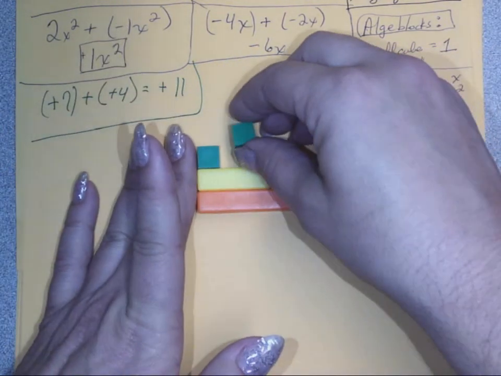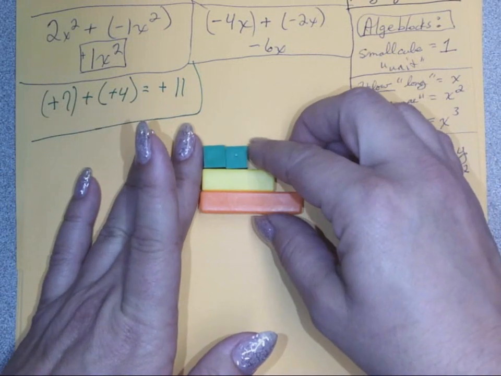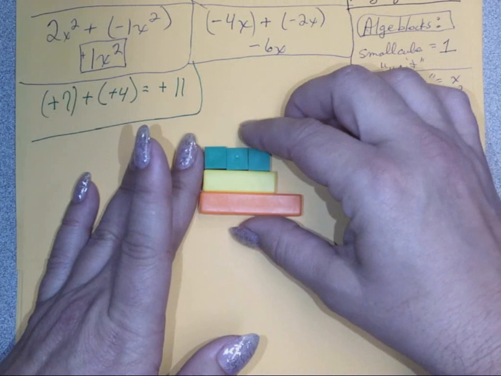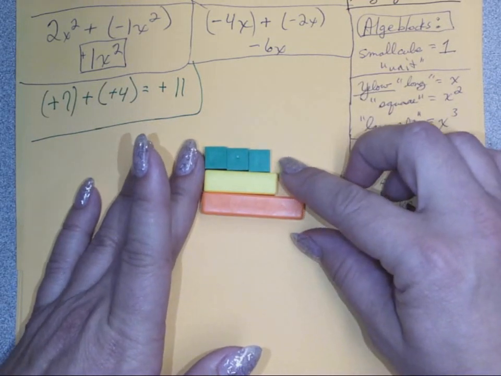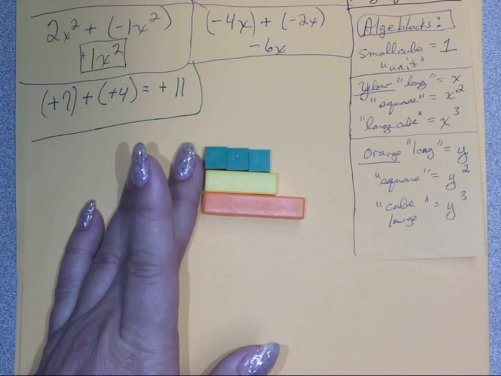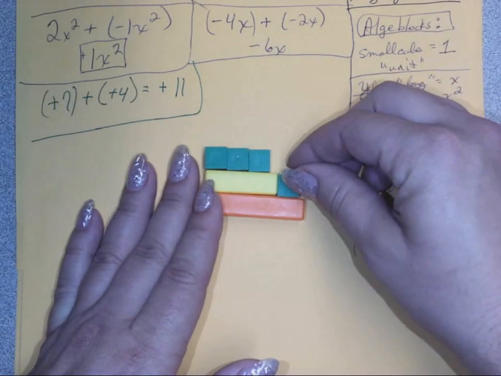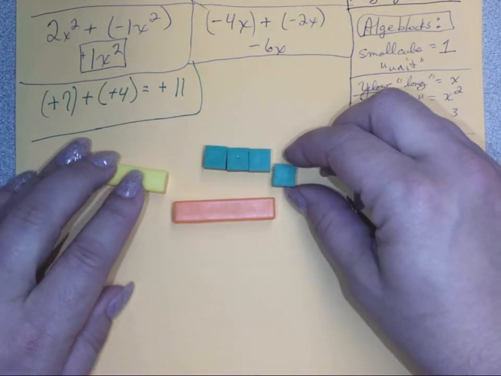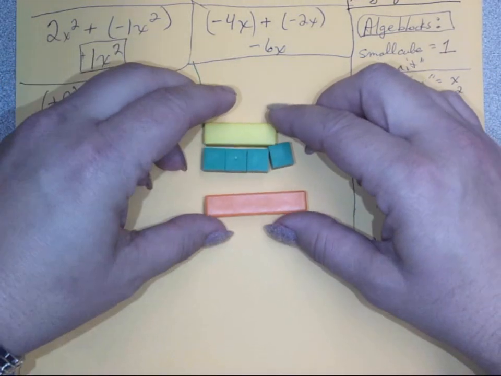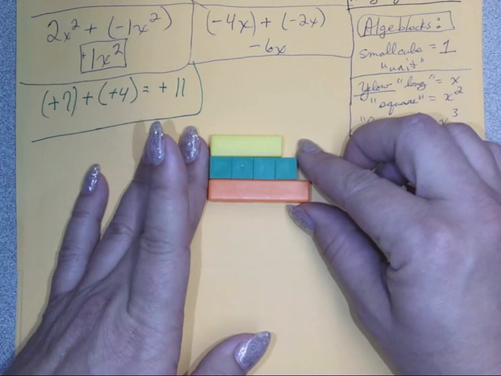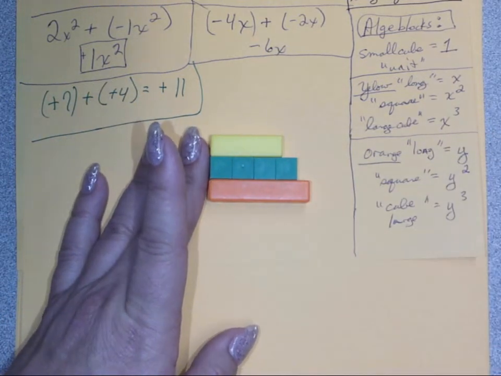By the way, I didn't do this for these, but you can look and see the X is not going to quite line up with the units. It's just a tiny bit longer than the green. And then the orange is bigger than the unit, than the yellow, than the X. But not by exactly one unit, because then it would be X plus 1.